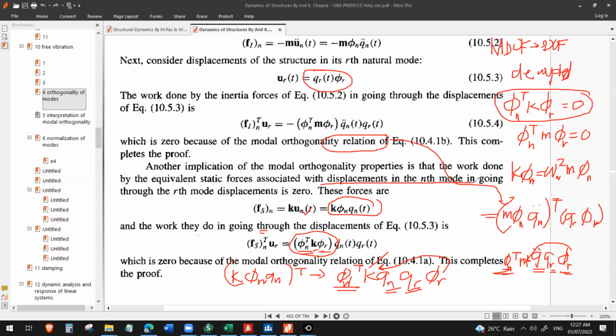Associated with the displacement in the nth mode going to the rth mode displacement. Okay? So parang in short, hindi mo pwedeng pagsabayin, no, yung nth mode sa rth mode. Okay? So dapat consistent. Otherwise, that will be 0.